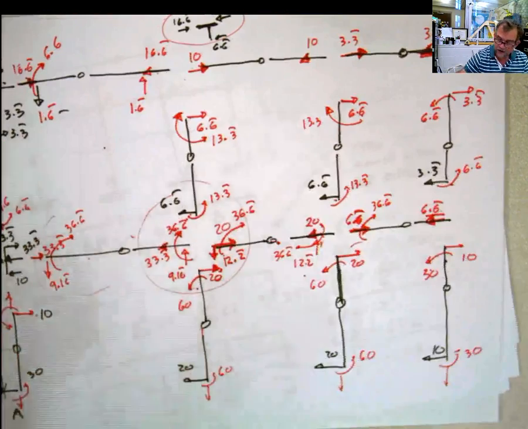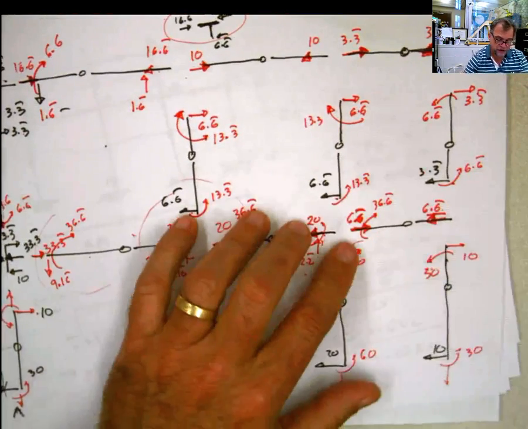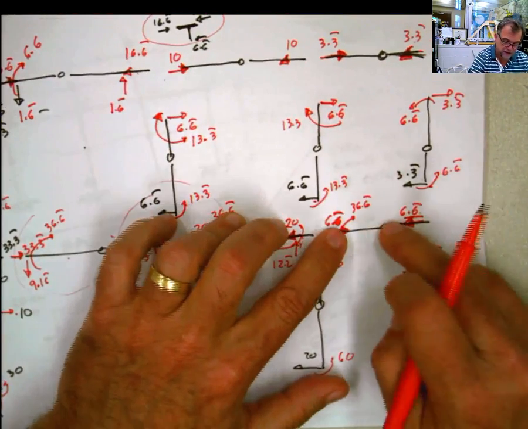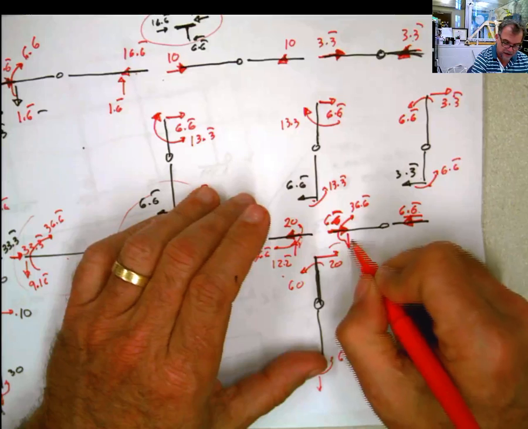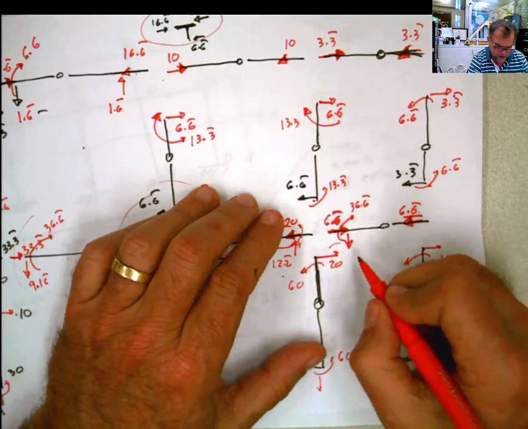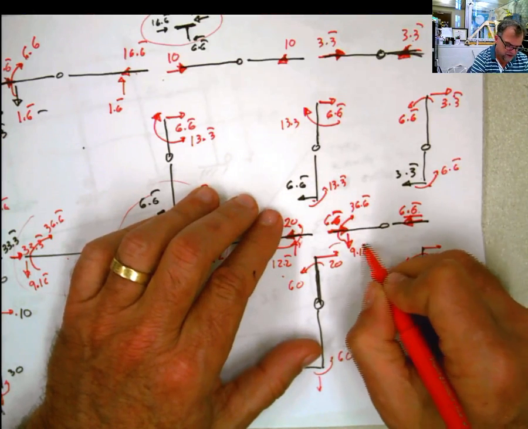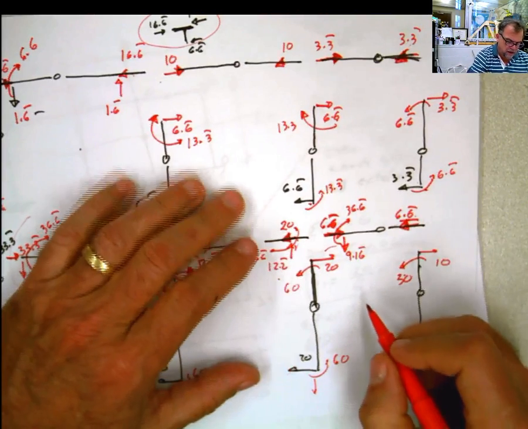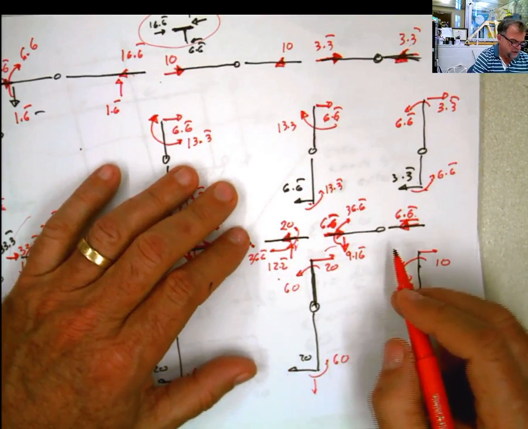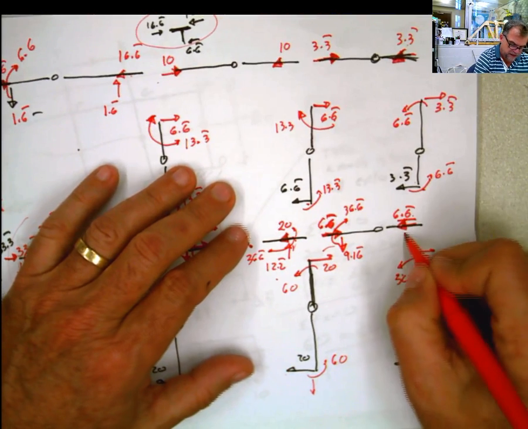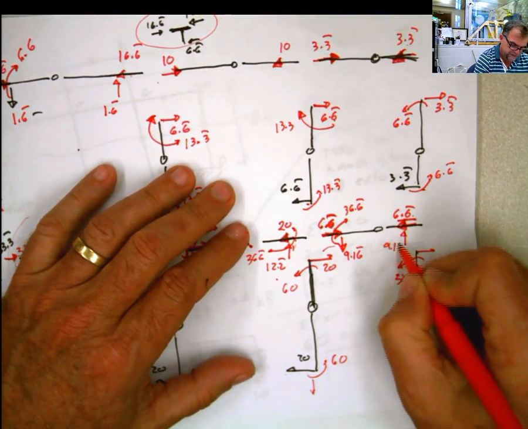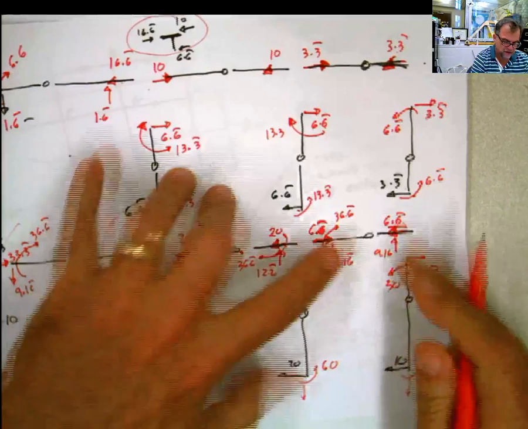You don't even have to do this every single time. You just have to calculate your moment correctly, divide by this length, and then you're gonna have the value here of 9.16. That's what I said before, 9.16. What is the value of this other end? 9.16. What is the value of the moment here?